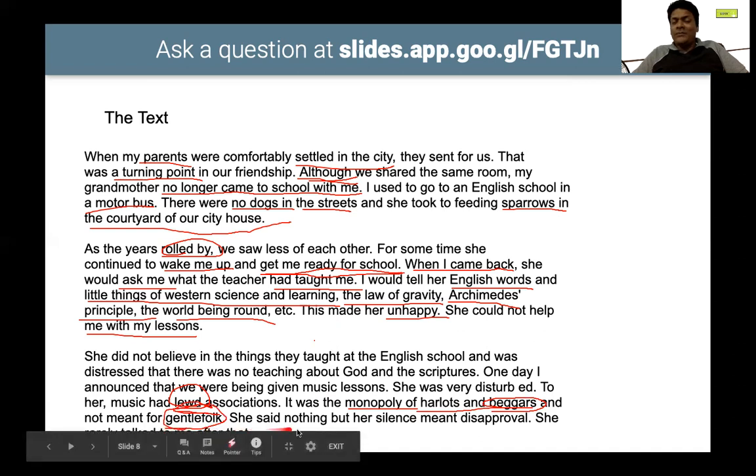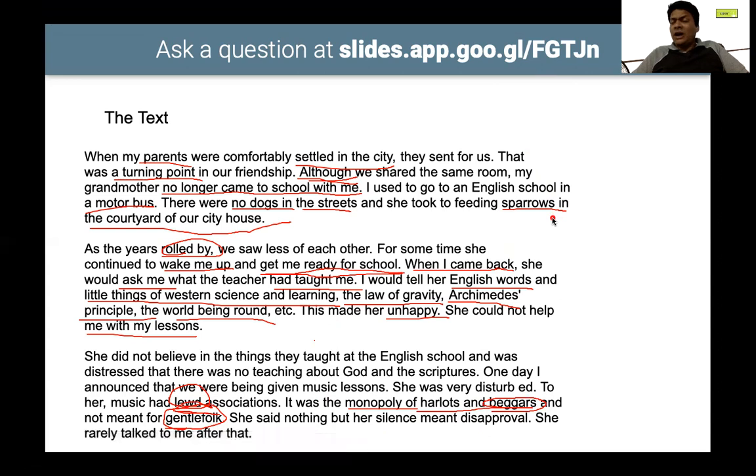Normal people. She said nothing, but her silence meant disapproval. The author said how the writer's grandmother made herself completely quiet, and when she did not speak or she did not oppose, it seemed like she did not want me to learn music.